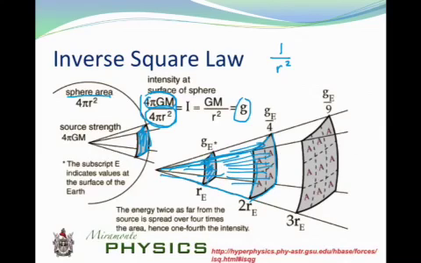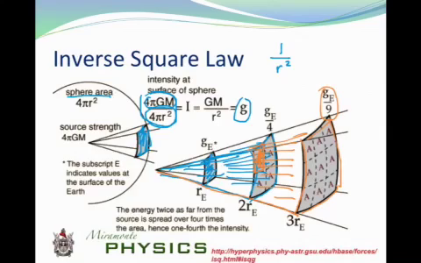Because the area has increased, the overall strength in one little section of area has decreased by 1/4, and so forth. If you go out 3 times the radius, then that little surface area chunk relative to the initial strength is now 1/9 what it was.